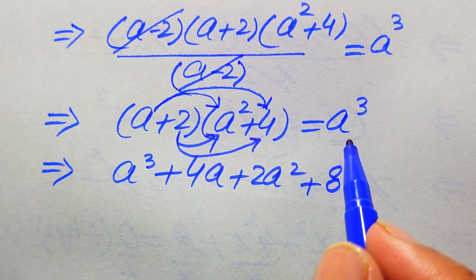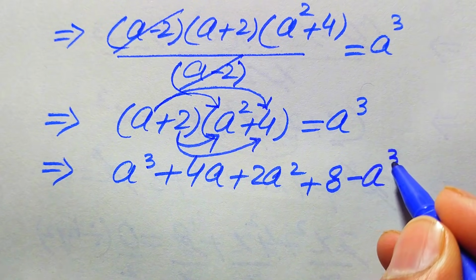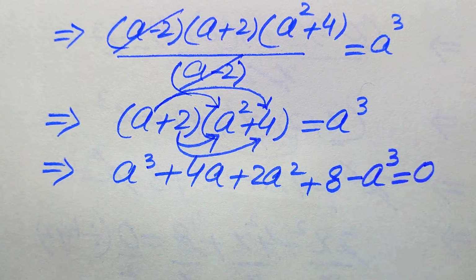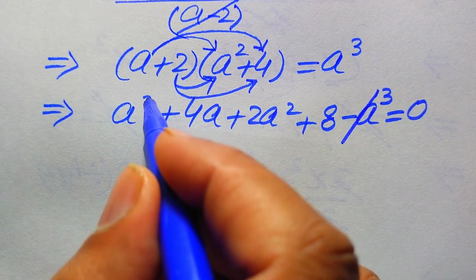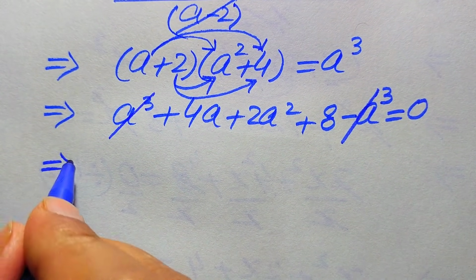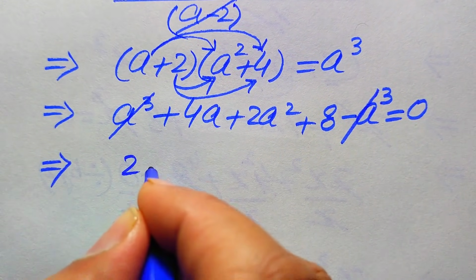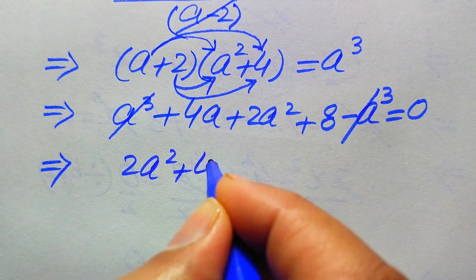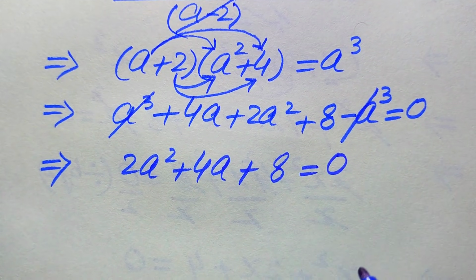And now you see this a cubed lies on the right hand side. When we move it to the left hand side, it becomes minus a cubed, and this whole equation is equal to 0. This is minus a cubed, this is plus a cubed, they are cancelled out by each other, and the remaining values are 2 times a square plus 4a plus 8 equals 0.